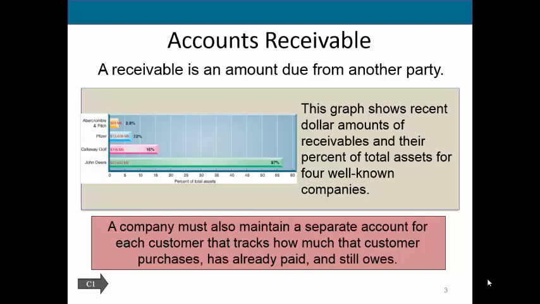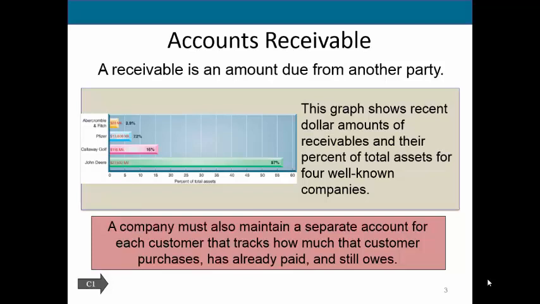So first, as you already know, a receivable is an amount due from another party. And whenever you have accounts receivable for multiple different people, meaning that you have multiple customers who owe you money, not only do you have to keep an accounts receivable general ledger account that keeps the sum of all of those amounts due, but you also need to maintain separate accounts for each customer.